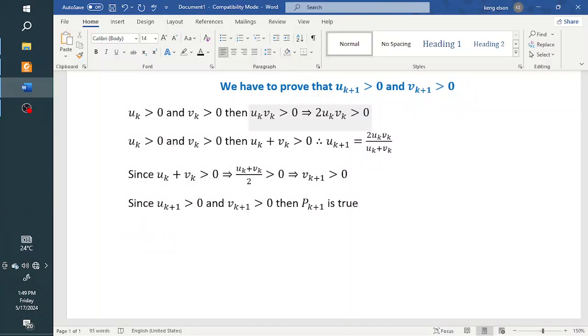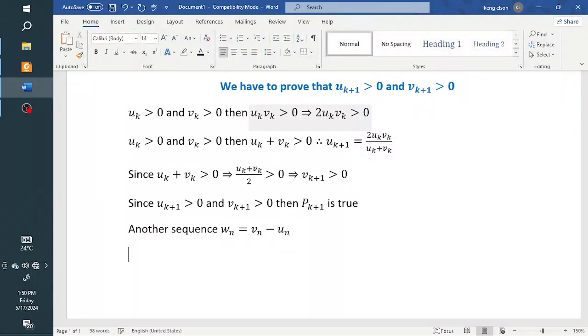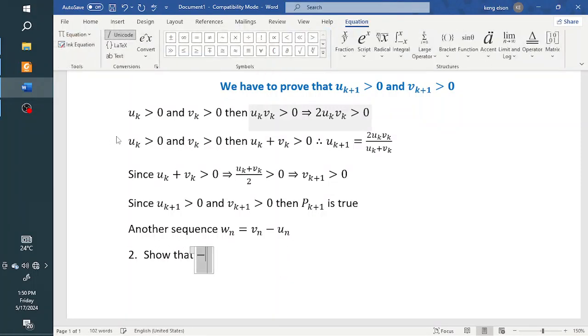Before that, let me just write another sequence: w_n is equal to v_n minus u_n. Alright, now the second question is we have to show that 0 is less than or equal to w_{n+1}, less than or equal to half w_n. That's what we have to prove.